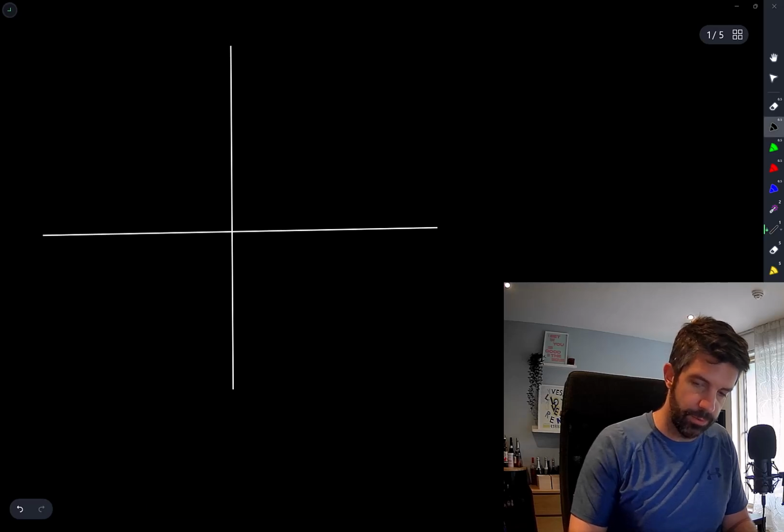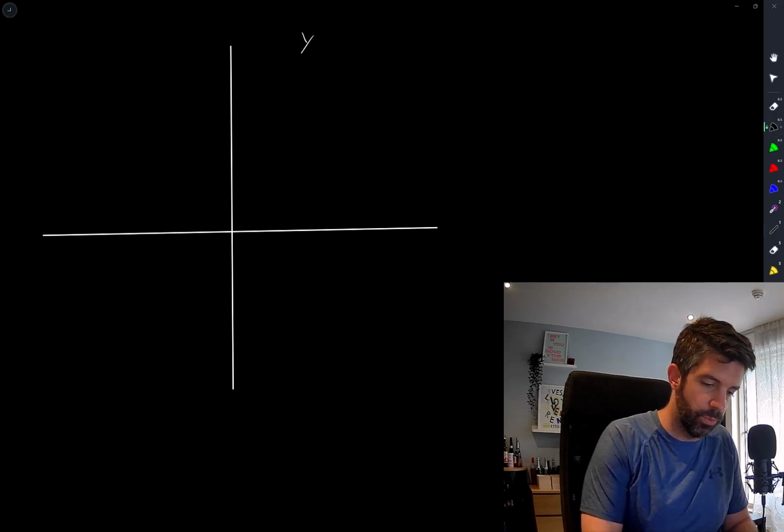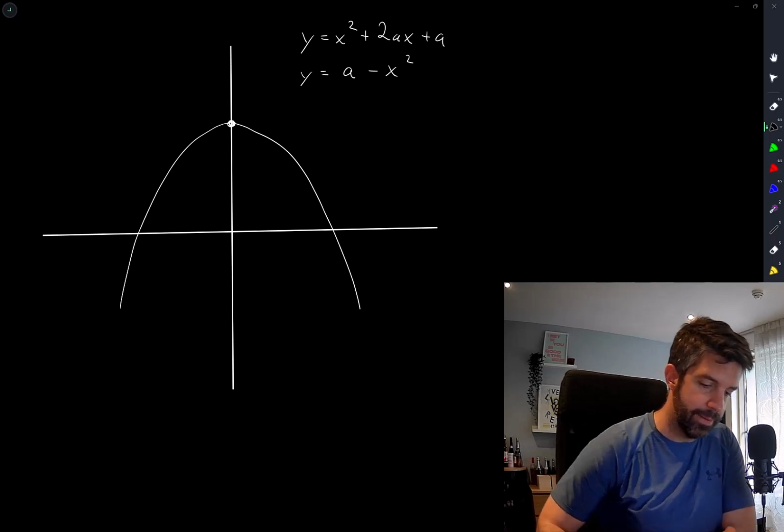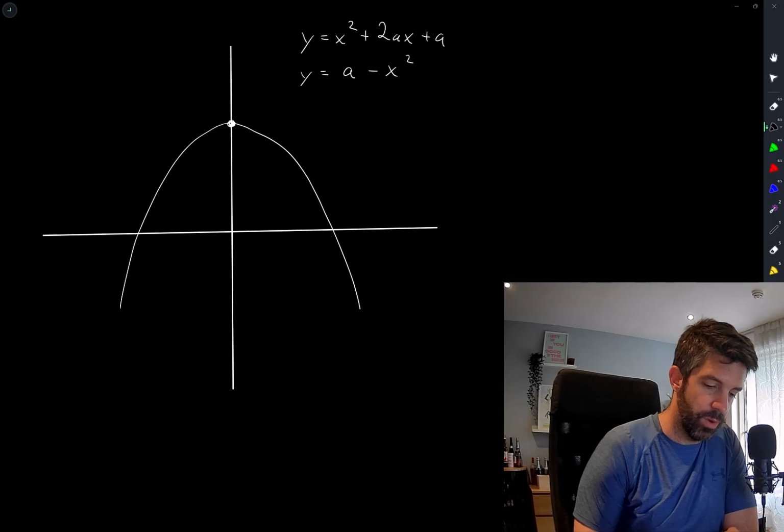And I'll write out the equations of the two parabolas. y is equal to x squared plus 2ax plus a, and y is equal to a minus x squared. So a minus x squared is pretty easy to sketch. Just looks like that, where the vertex is at a. But for x squared plus 2ax plus a, when a is equal to 0, we just have the standard parabola like that.